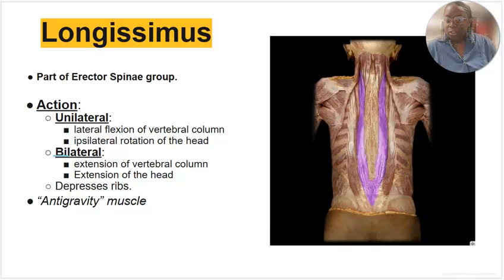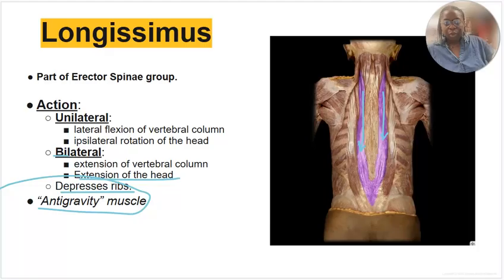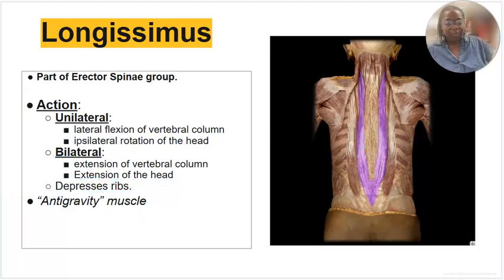So when both muscles are contracting, it's going to cause extension of that vertebral column and extension of the head. So just standing straight, and then also head kind of straight, just like forward. Both sides of the longissimus contracting will cause that. This here is also going to depress the ribs, and once again, that's helpful for posture.